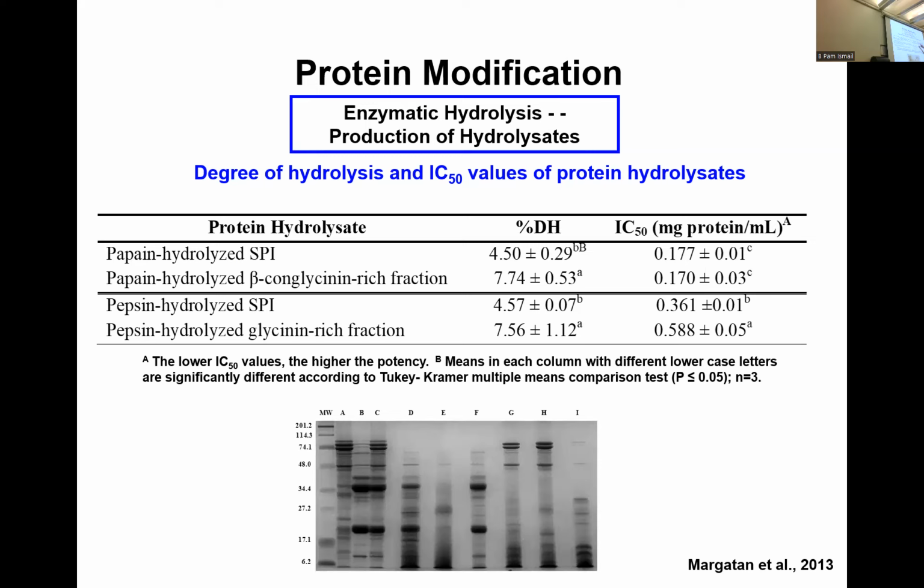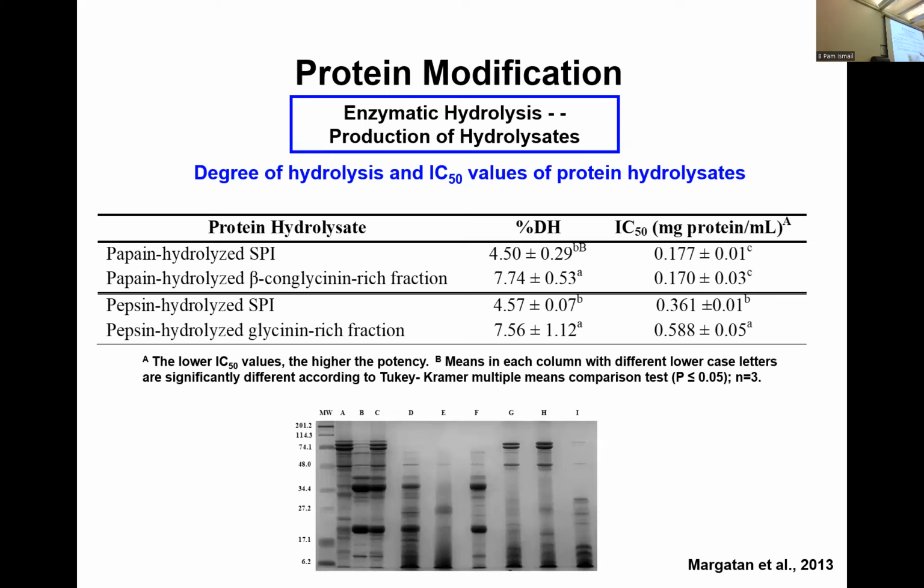So the concentration that causes 50% inhibition, that means the lower the number, the better the potency, right? The lower this number, the higher the potency. That means at lower concentration, we get 50% inhibition of the enzyme that causes hypertension. I'm trying to explain to you so that you know what these numbers are.